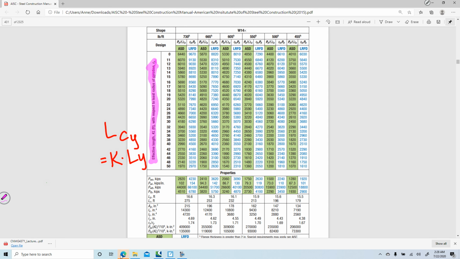They assumed when they made these tables that it was going to buckle about the weak axis. If your weak axis buckling isn't controlling, if it's strong axis buckling, way down here is this Rx over Ry ratio.